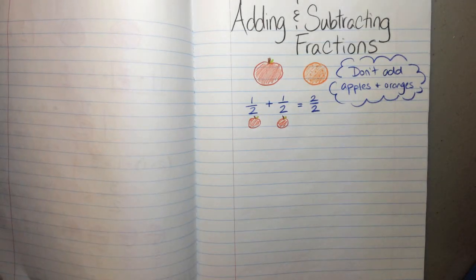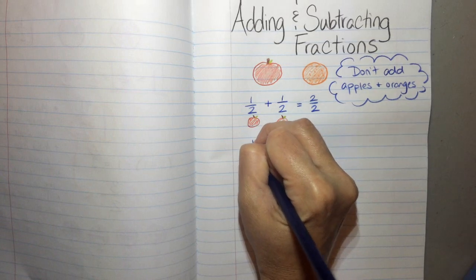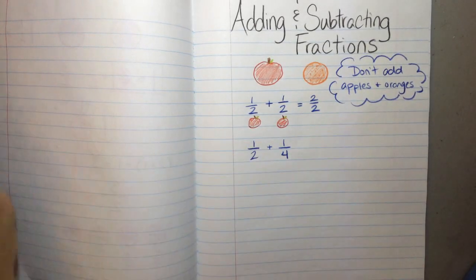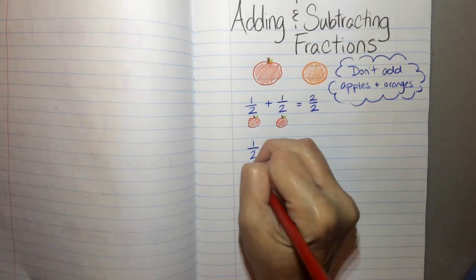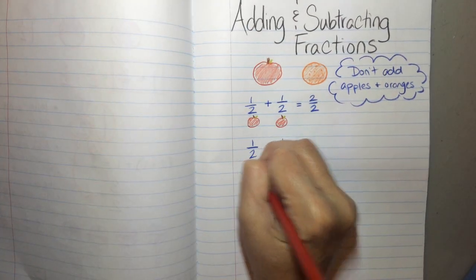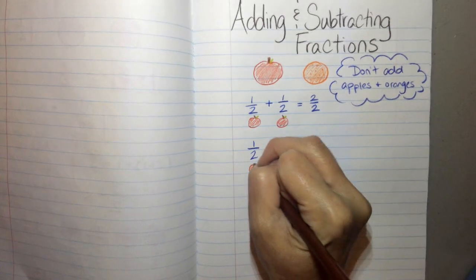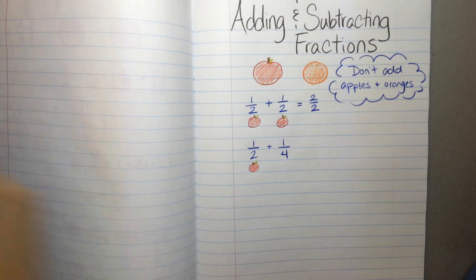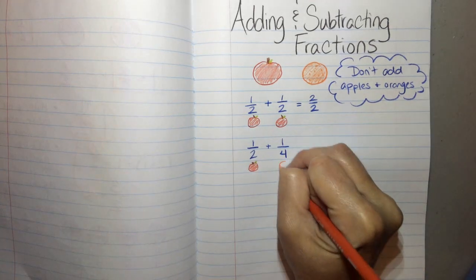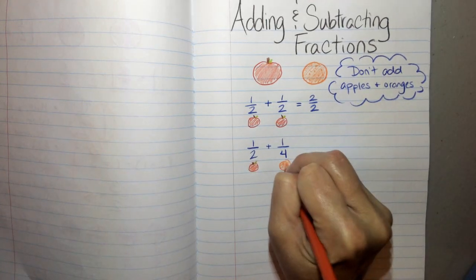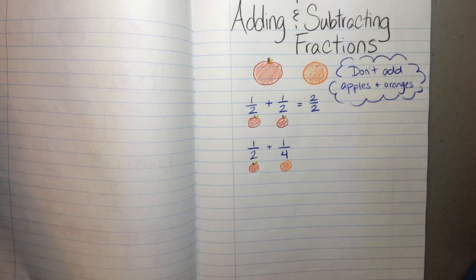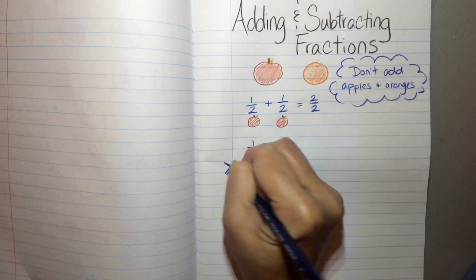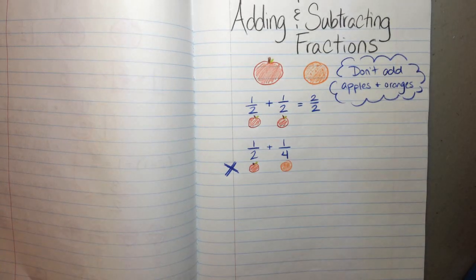But if you have 1/2 plus 1/4, you see what you got there? You've got a nice juicy apple, and then you've got an orange, and we don't add apples and oranges. So we're not going to do 1/2 plus 1/4 that way.